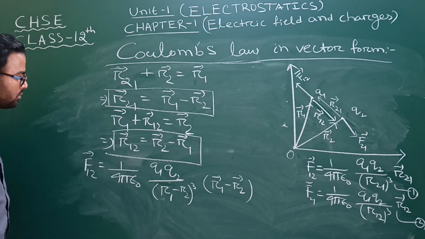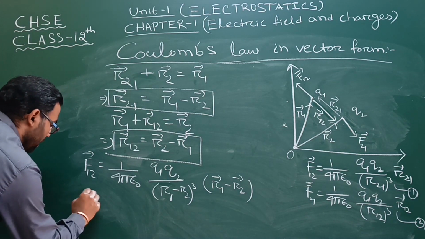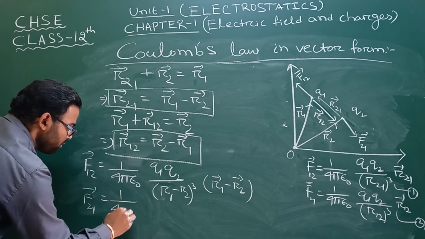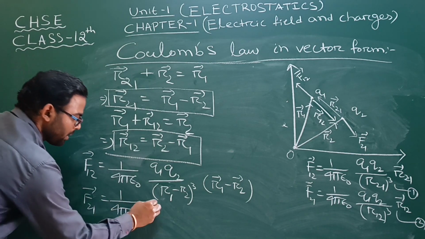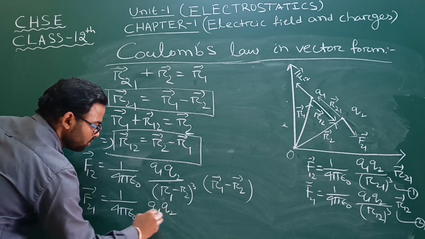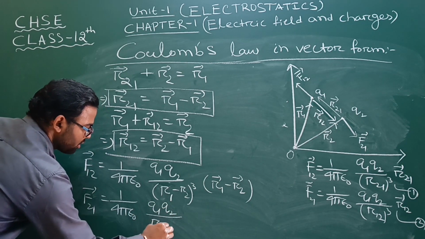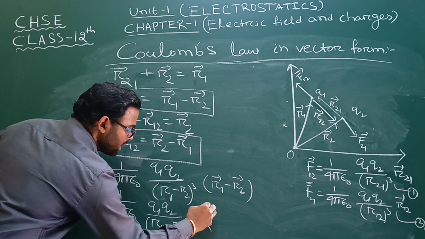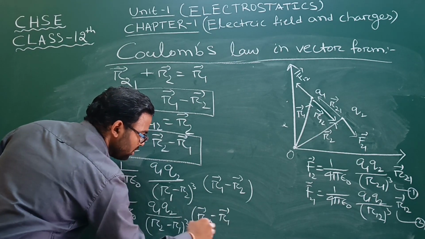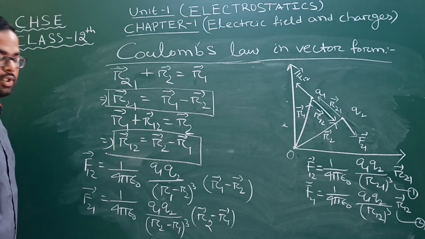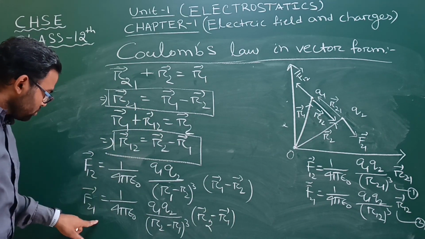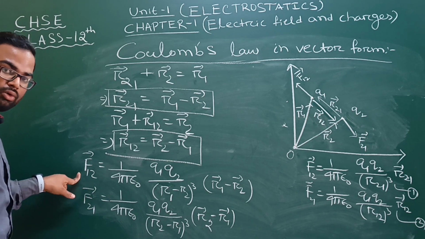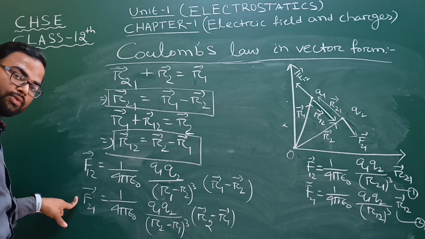Okay. Then F21 vector is equal to 1 by 4 pi epsilon naught Q1 Q2 by R2 minus R1 whole cube times R2 vector minus R1 vector. Okay. From these two equations we can conclude that F12 will be equal to minus of F21.